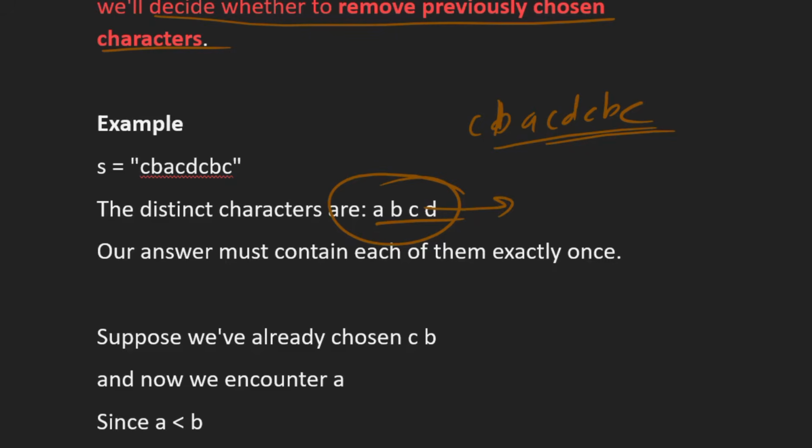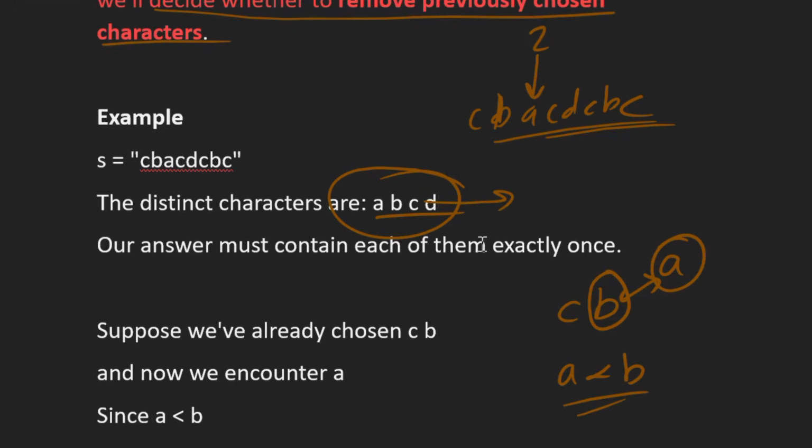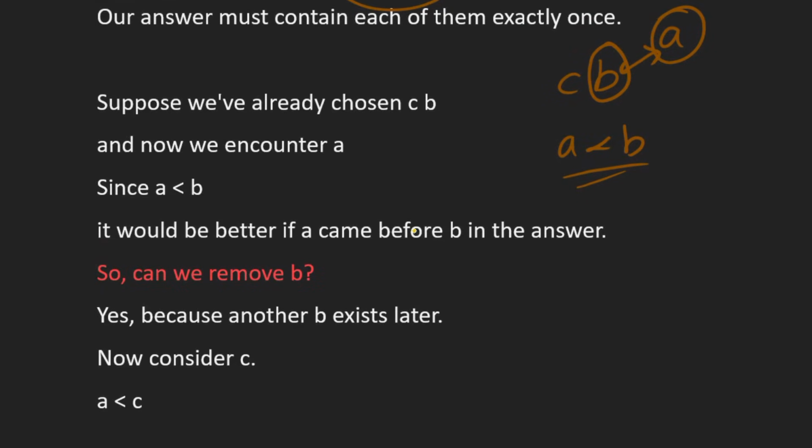Now let's say we have already taken c in our answer and then b, and we are at index number 2, and our current character is a. The current character a is less than the character that we have taken, that is b. So now our question is, can we remove b from our answer?